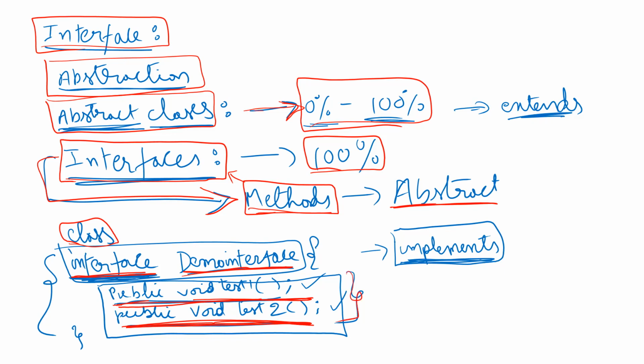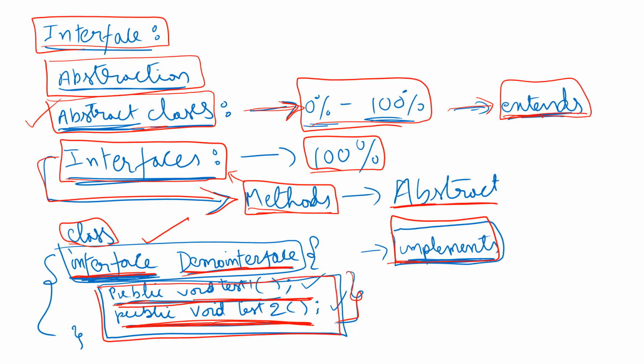For abstract classes, we create a child class, and using the extends keyword, we make this class the parent class, so that all the abstract methods are inherited to the child class and we implement them in the child class. But for interfaces, we use the keyword implements. We don't use the keyword extends here. We create a class and we implement this interface, and we implement the methods here.